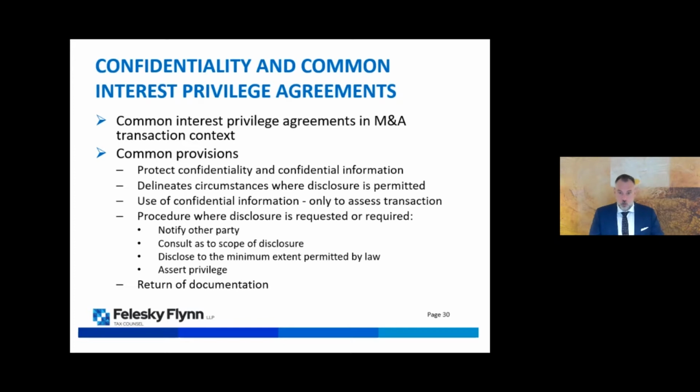And usually that includes notifying the other party, consulting with the other party as to the scope of disclosure, disclosing to the minimum extent permitted, and asserting privilege on behalf of the other party. So you'll have some obligations under this common interest privilege agreement. It's important to really understand what's in there and to have access to a copy of it when down the road you're being audited and disclosure is being requested.